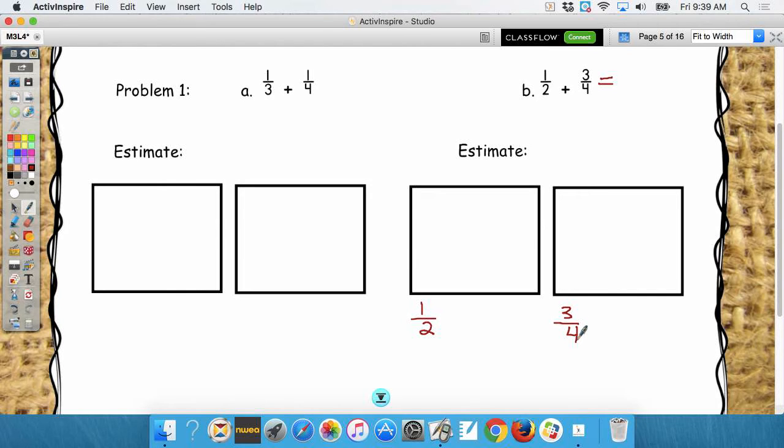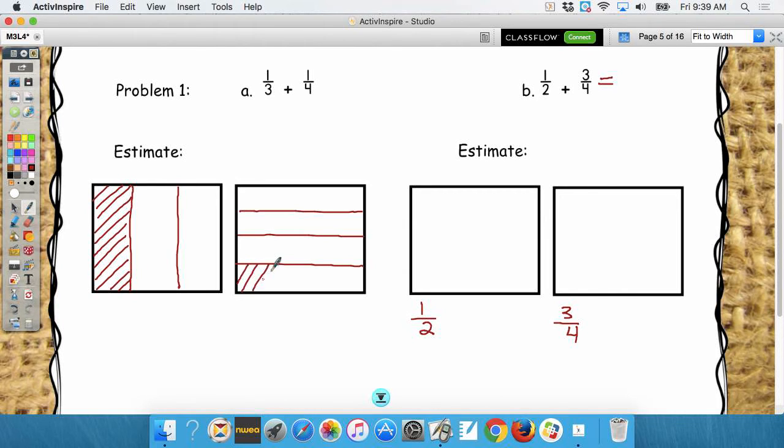Now, I am going to go ahead and draw A, but you don't need to, okay? Because I want to show you the difference between what we did yesterday and what we're going to do today. Okay, on B, I'm going to divide the first one in half, correct?